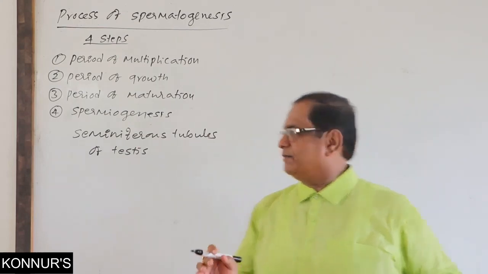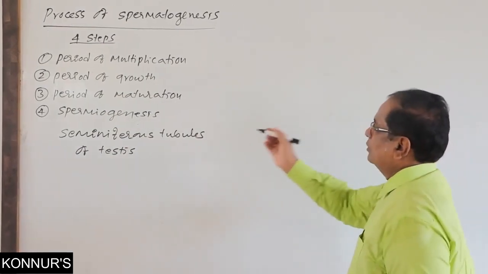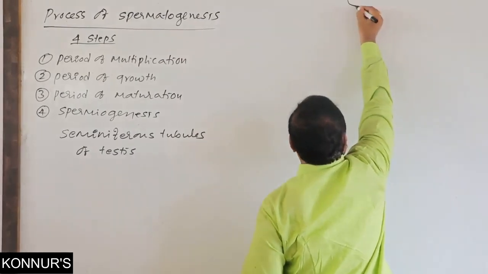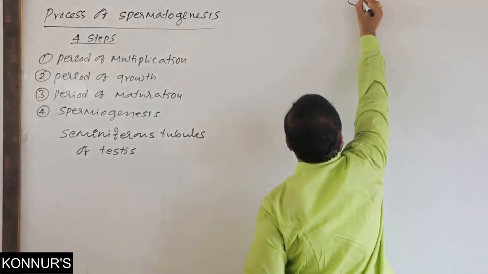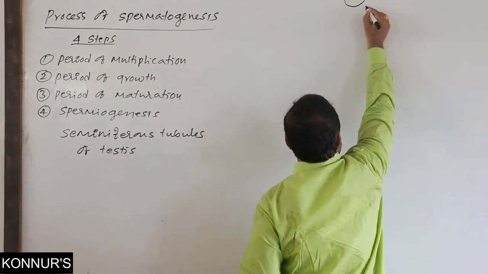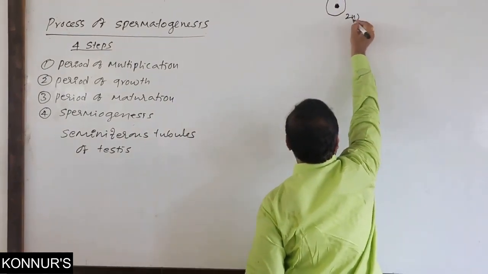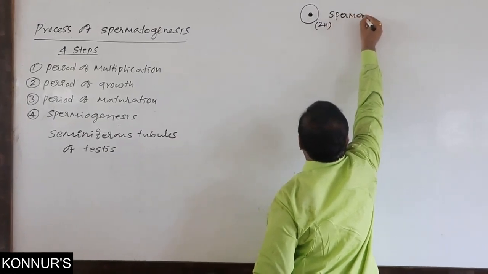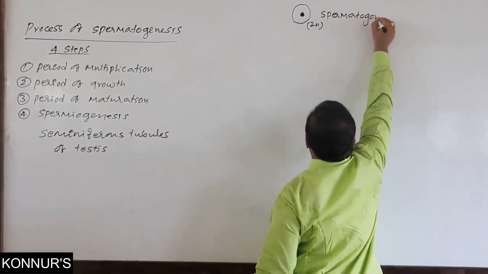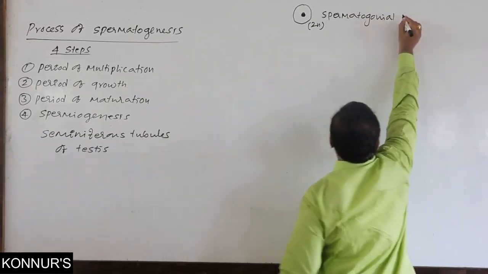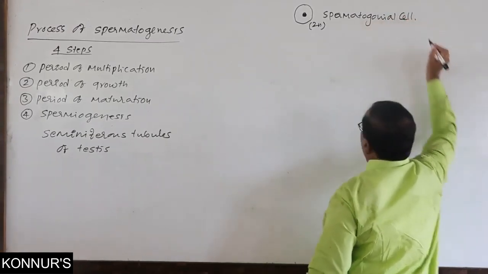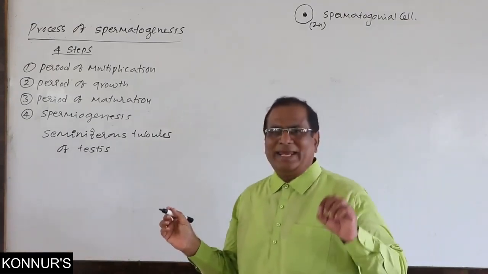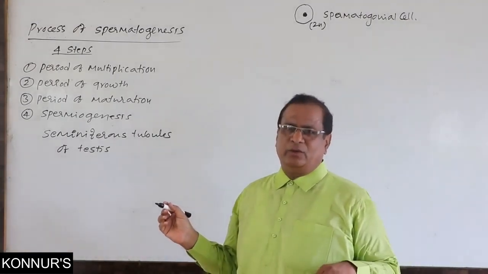And now let us see those spermatogonial cells. Let me draw one spermatogonial cell, diploid in nature. That is there as a lining of the seminiferous tubule.